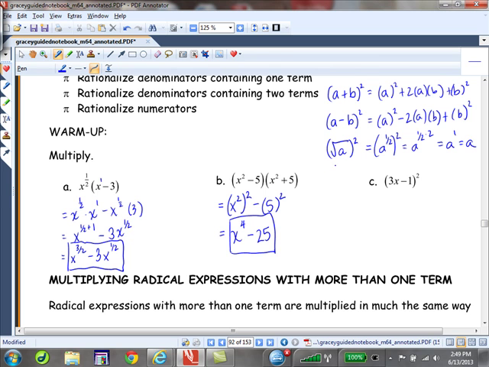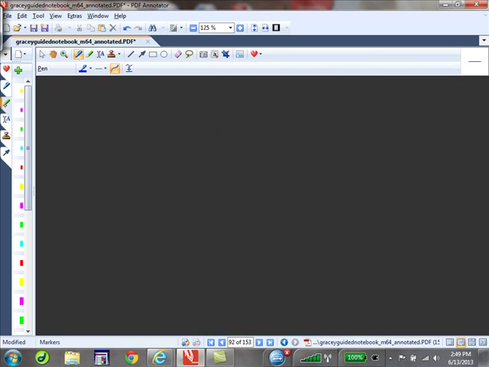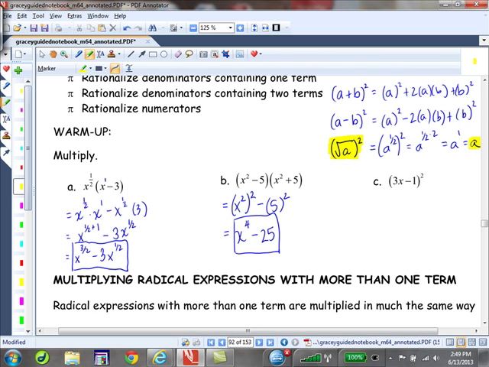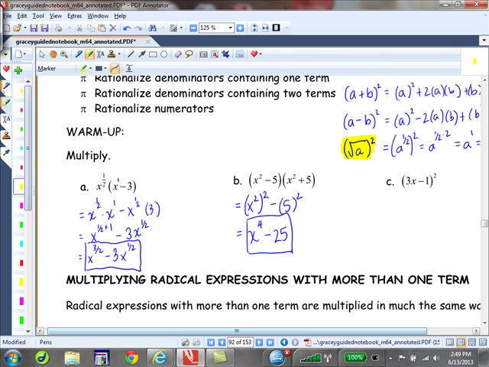So what you got to remember is that when you square a square root, a quantity with a square root, you get the radicand. Okay, so I think we're ready to get started.